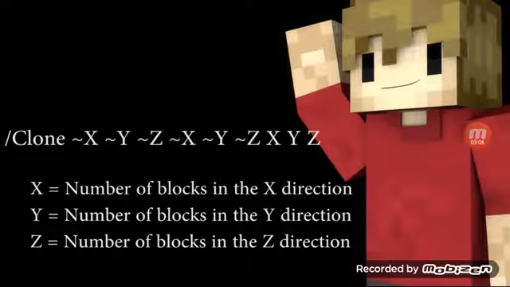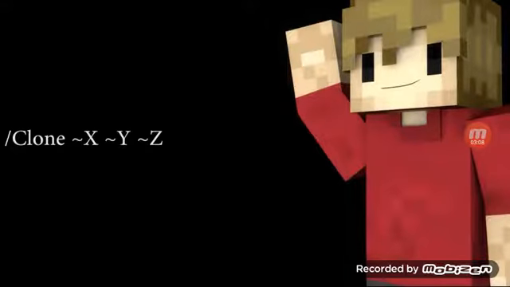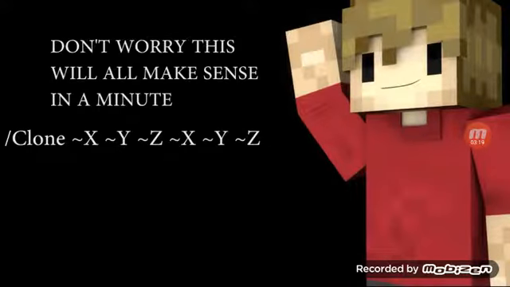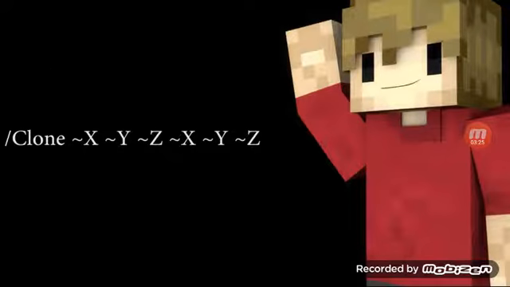The second XYZ is the second block that we want to clone. So imagine a virtual space highlighted by 2 points. That cuboid is the area we are highlighting to clone. Finally, the third XYZ is quite simply the place where we want to paste that clone.